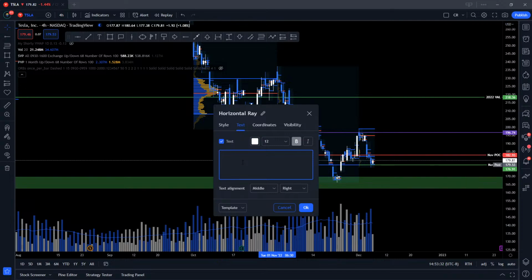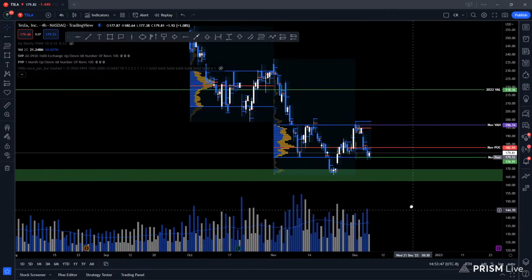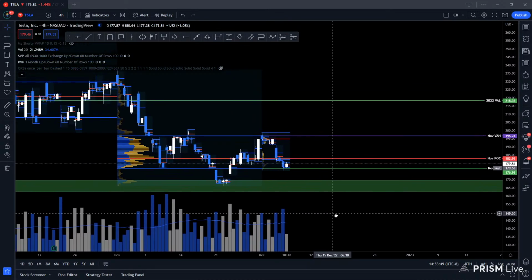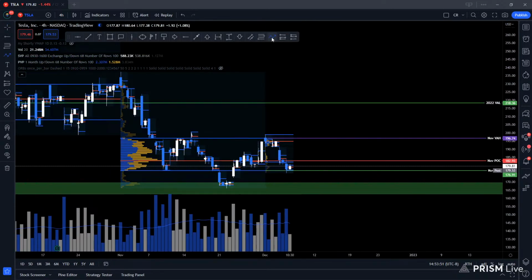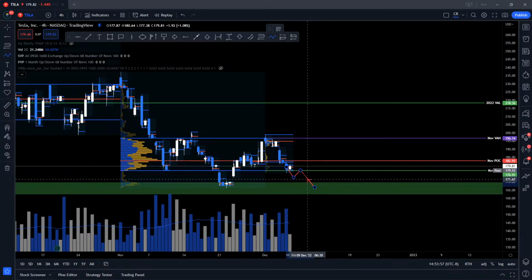So, yeah, right off the bat here on Tesla, I'm really liking this. If we break down below and retest, that's a great short right here. Sometimes I really hate this tool.